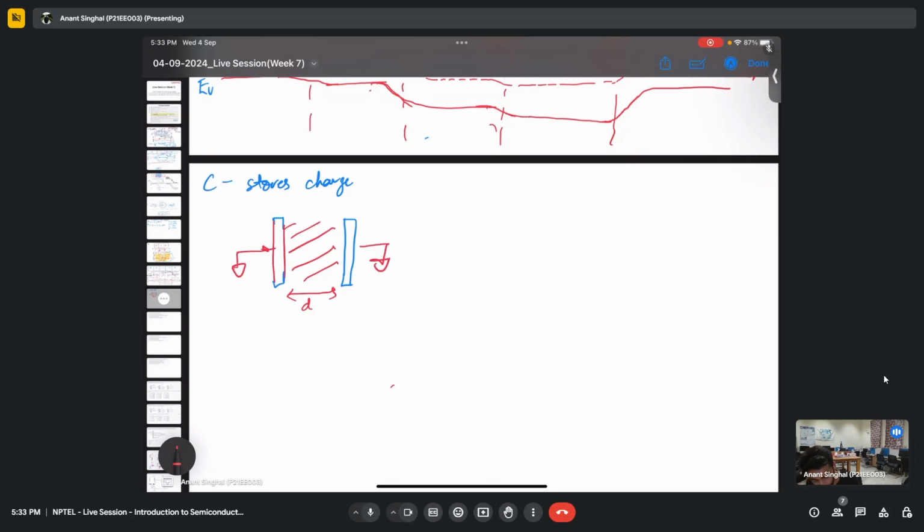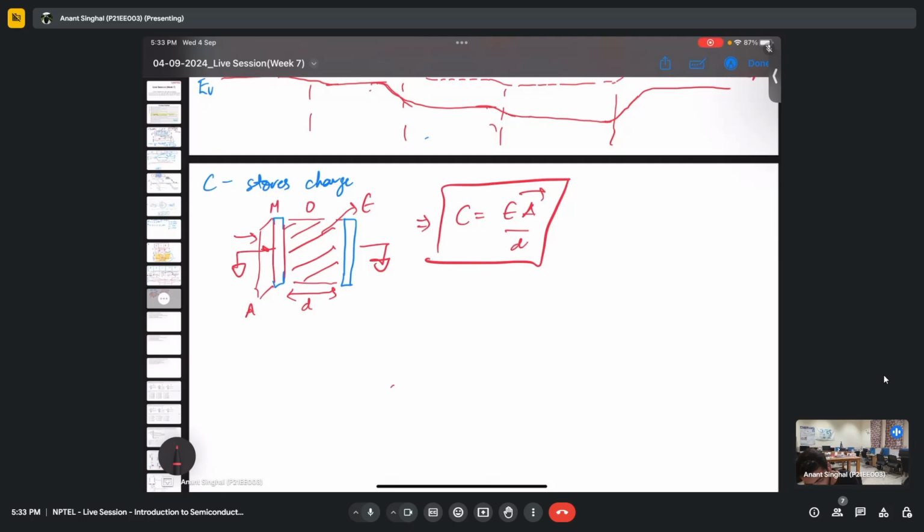We have some cross sectional area A, and we know that capacitance is epsilon A by D, where epsilon is the permittivity of this particular dielectric. I hope this is the very basic of a capacitor: a metal, an oxide, and a metal. Is it clear?